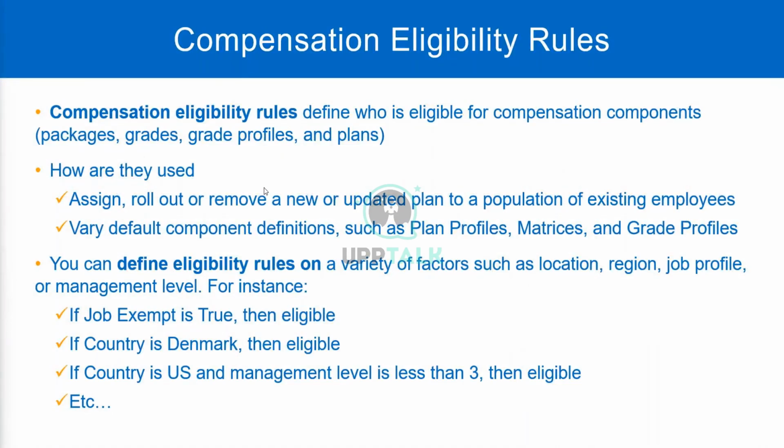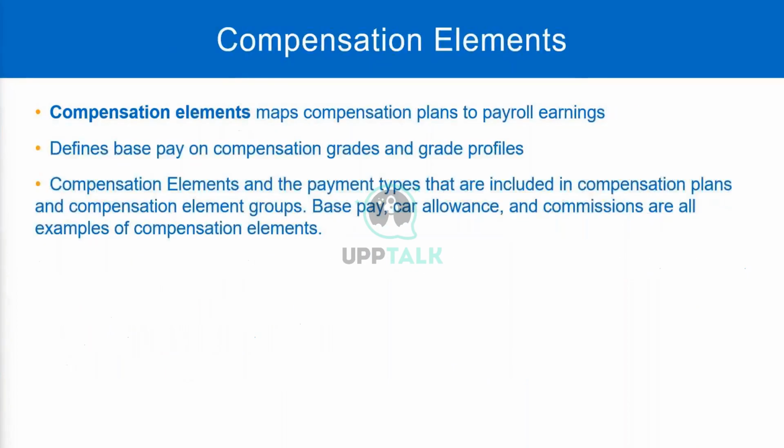We will use the eligibility rules throughout the course, whenever we are using compensation. But let's learn a little bit about what compensation elements are, what compensation creates, and grade profiles. So a compensation element maps the compensation plans to the payroll earnings. This is just the heading under which an employee is going to get paid.